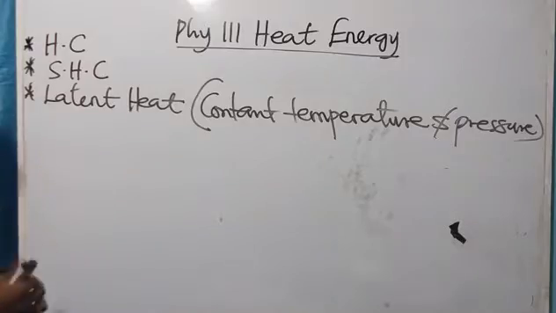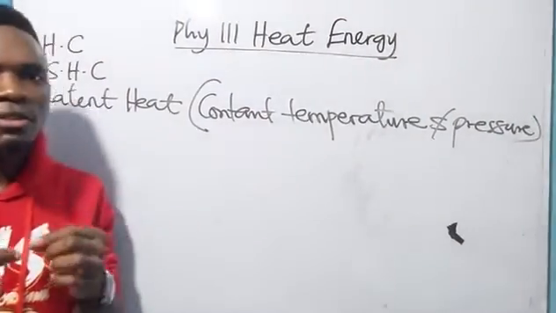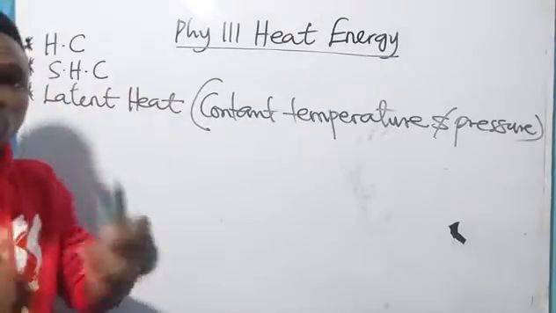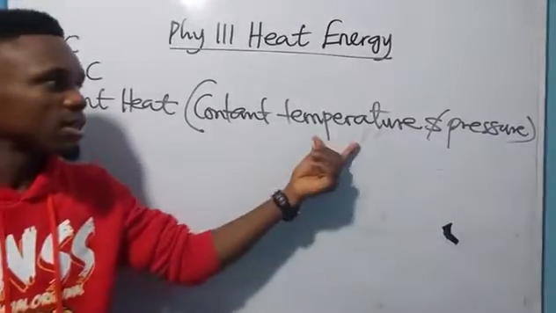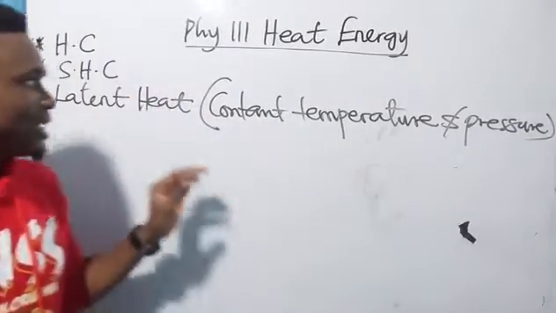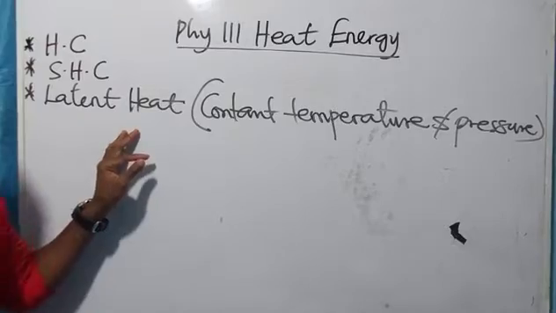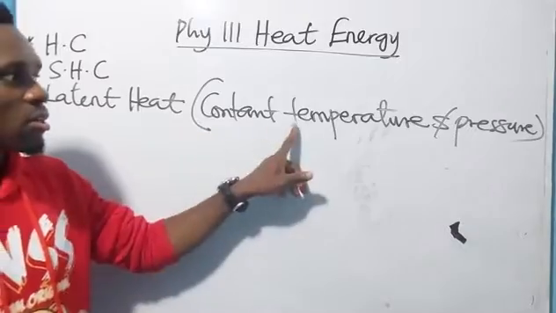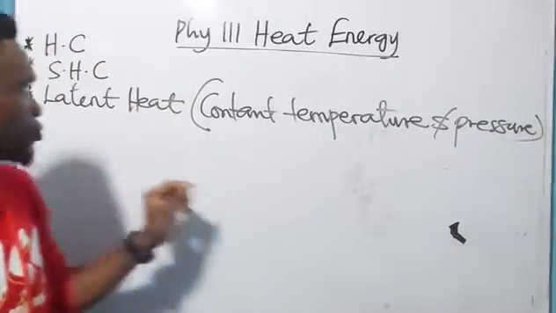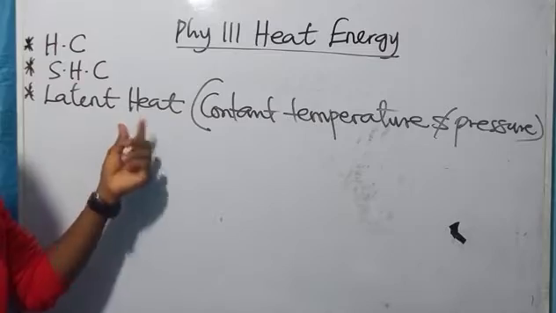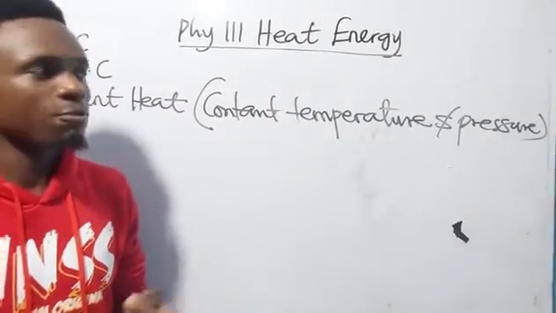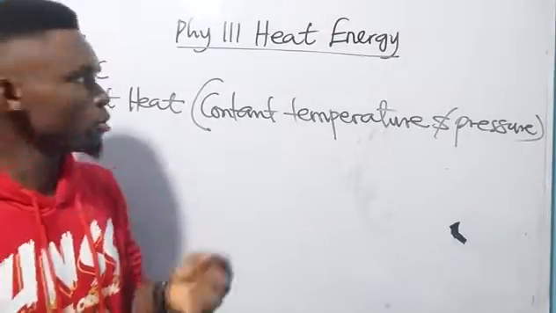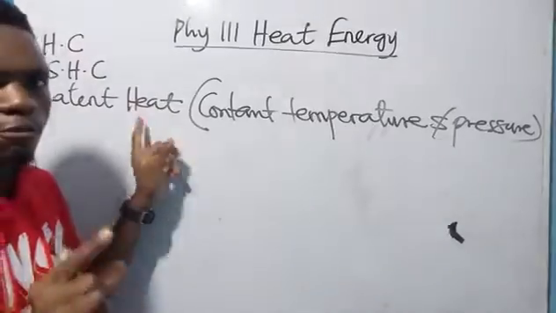What is latent heat? Latent heat means the quantity of heat needed or required to change the mass of a substance at constant temperature and pressure. The amount of heat required to change the mass of a substance at constant temperature and pressure is called latent heat. The amount of heat required for ice to melt and become liquid, you call that specific latent heat of fusion.